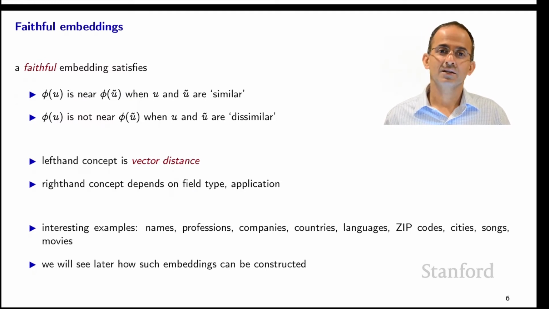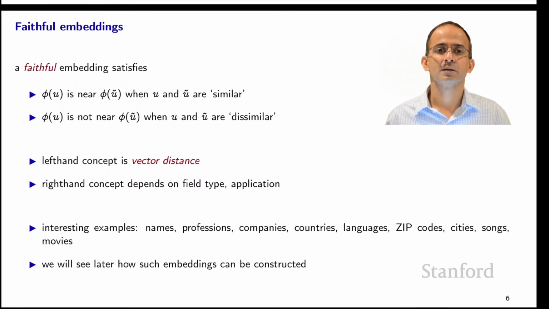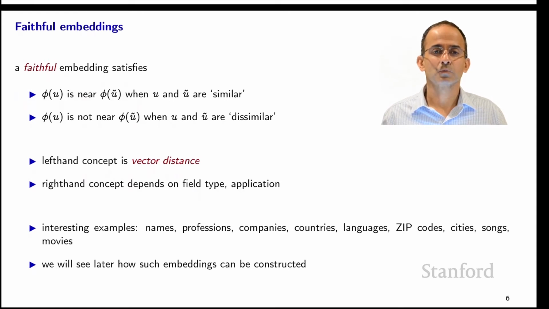And this particular notion of similarity, well, it depends on the application that we have in mind. It depends on the field type that we're looking at. For houses, we have some idea of what that means. They should be similar size, they should be similar quality of construction, they should be similar types of houses, similar numbers of bedrooms. And for many other things, it won't be so obvious as to what it means in any numerical sense, but it might be obvious in an intuitive sense.